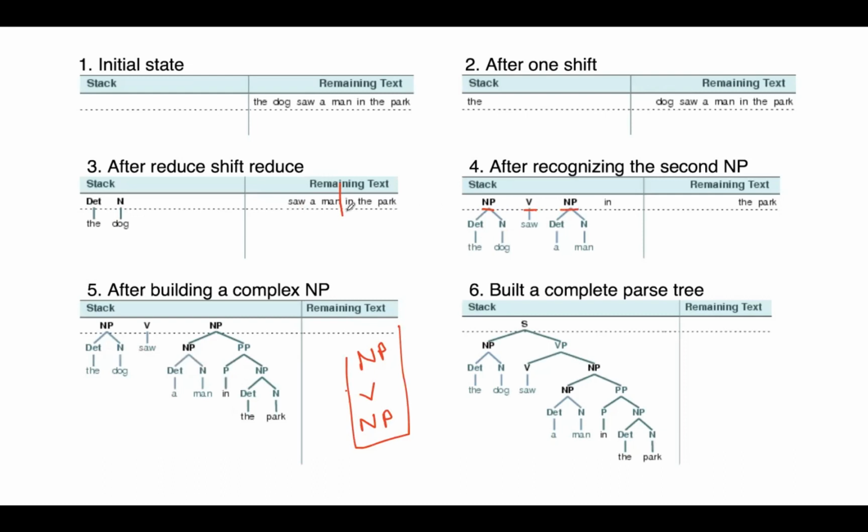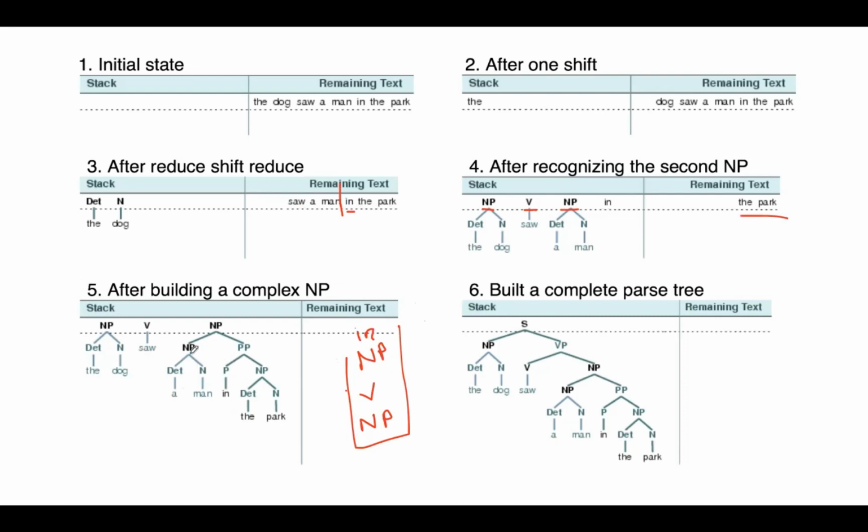Now push in on top of the stack. So we are pushing in during the shift operation, and the representation is like this. The remaining words in the input text are the park. Now you need to check this.